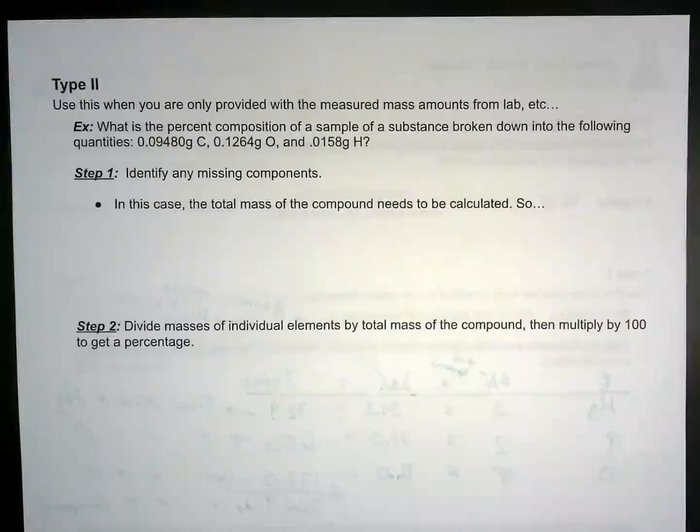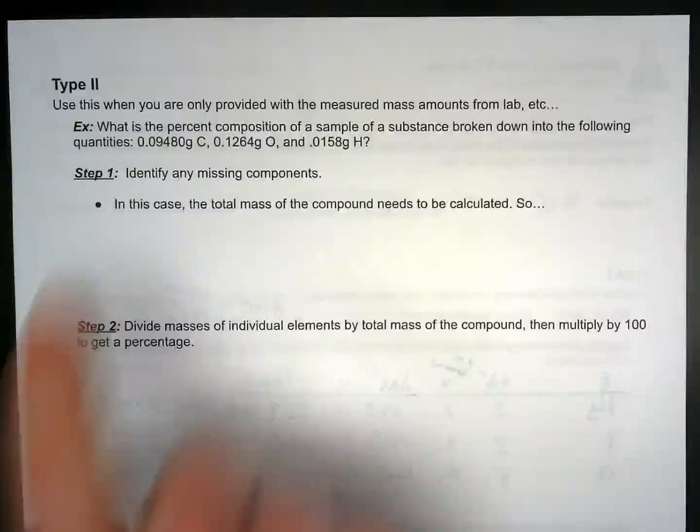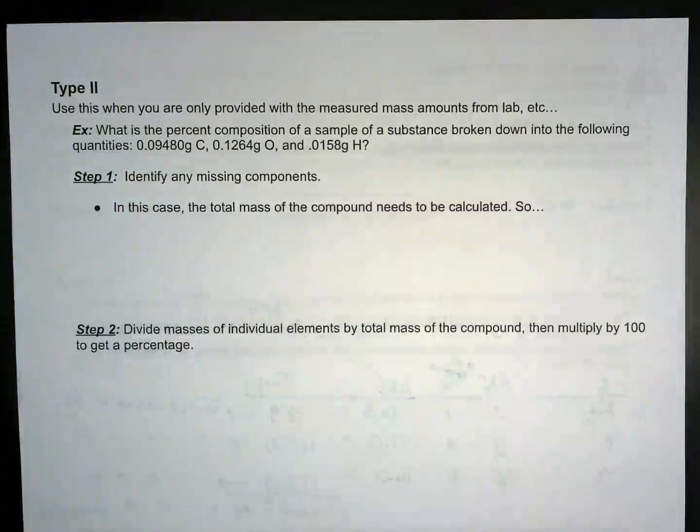So anyway, let's continue. Okay, so type 2. We use this when we're only provided with the measured mass amounts from the lab. So in this example, what is the percent composition of a sample of a substance broken down into the following quantities?